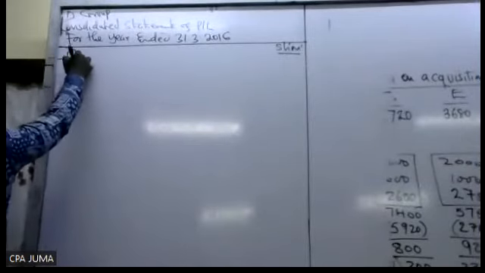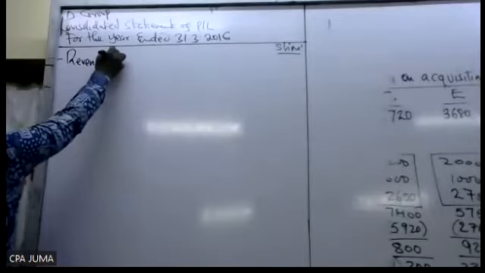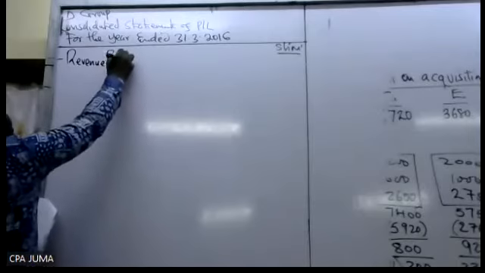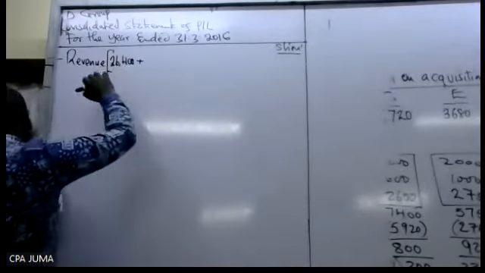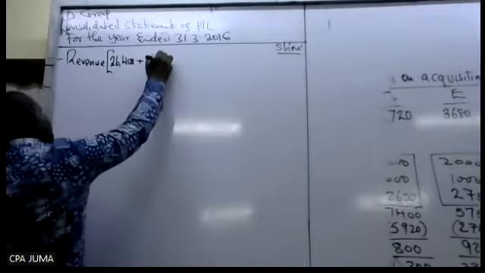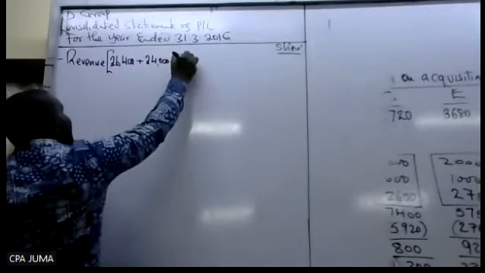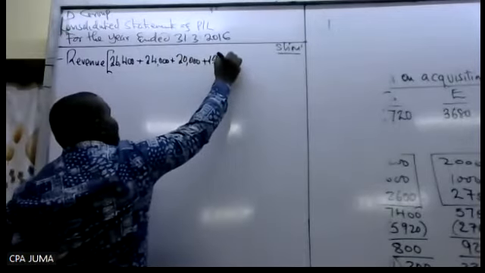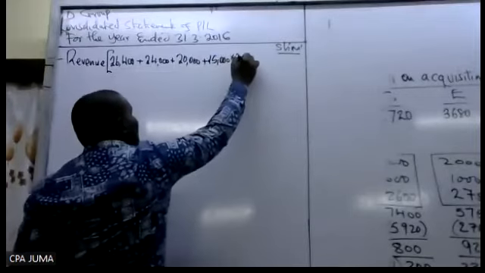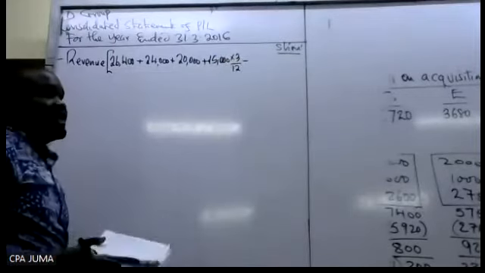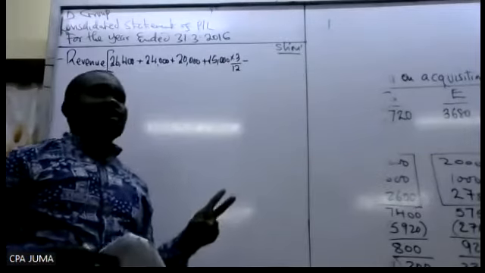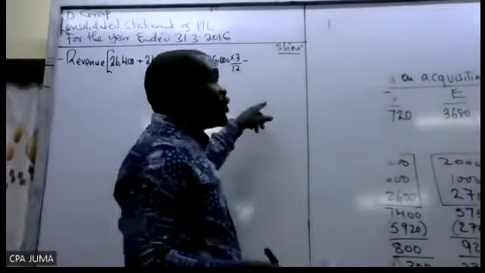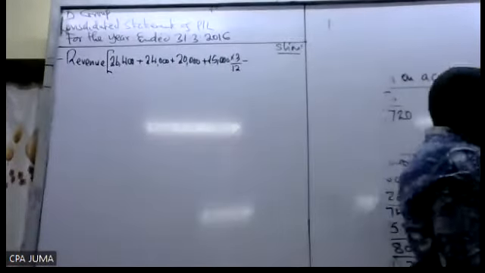Based on our analysis, revenue should be 26,400 plus 24 plus 20 plus 15, but 15 should be minus intergroup sales. There were two intergroup sales. There was the 24 and there was the 60. You remember? So subtract here 2400, then also subtract 60.